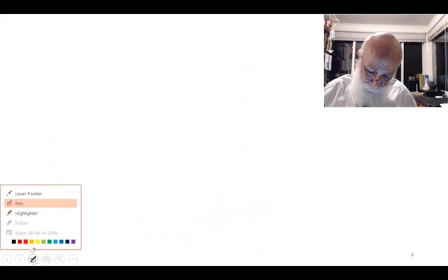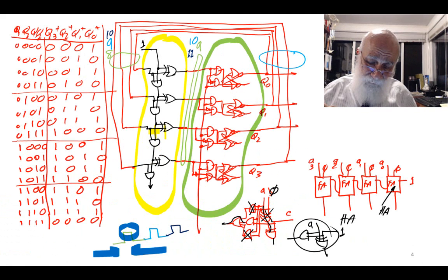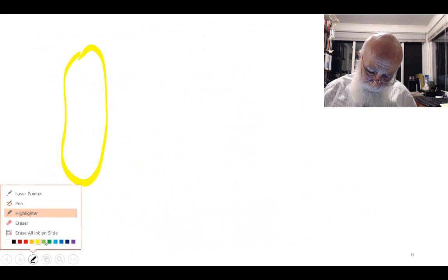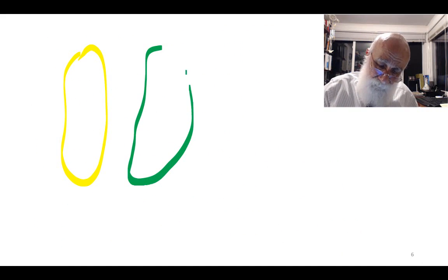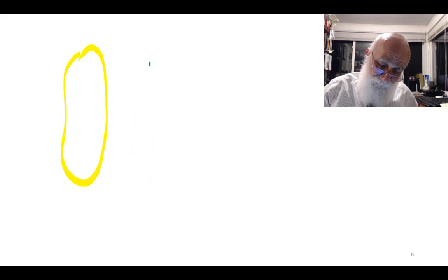I will show a yellow box, which is the incrementer. I'll show a dark green box, which has my flip-flops in it.